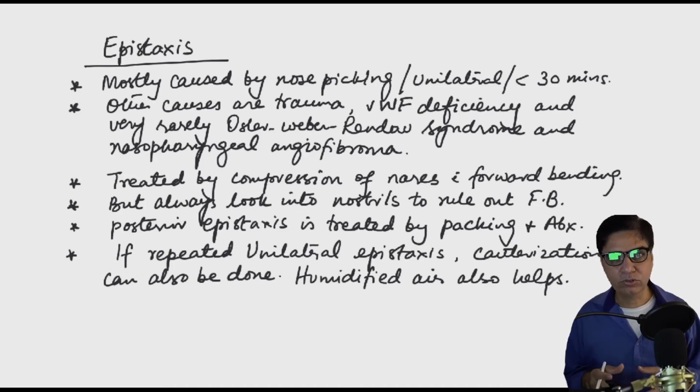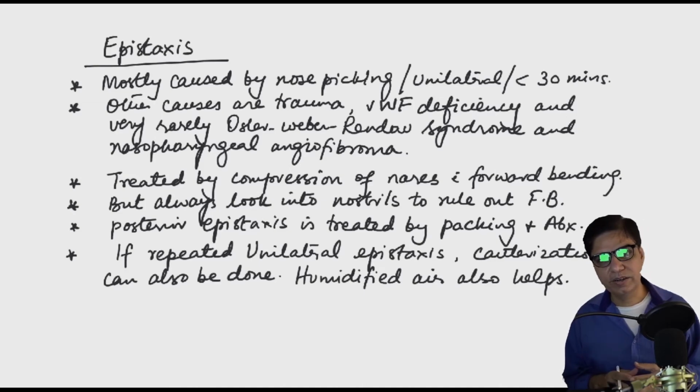And rarely, it might also be a feature of what we call hereditary hemorrhagic telangiectasia, which is also known as Osler-Weber-Rendu syndrome, in which you might see small telangiectasias on the skin.